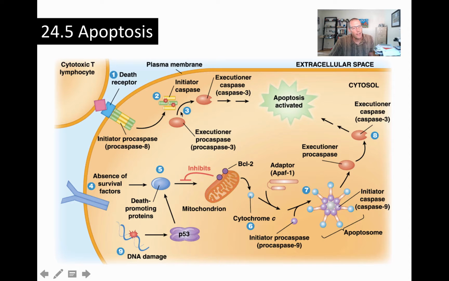And so the initiator caspases cleave the executioner caspases, and then the executioner caspases are involved in the proteolytic breakdown of a lot of the molecules in the cells, and so that triggers apoptosis.